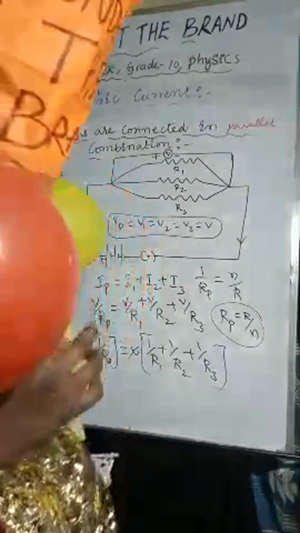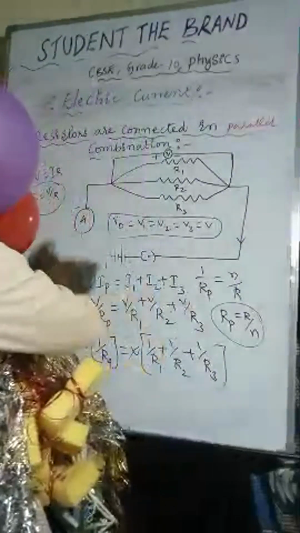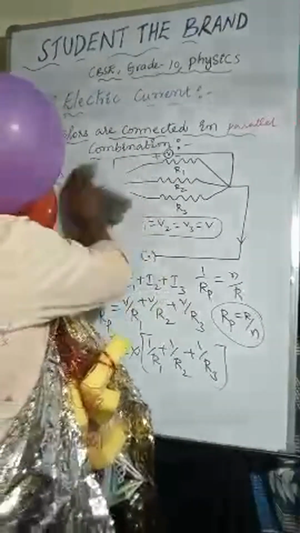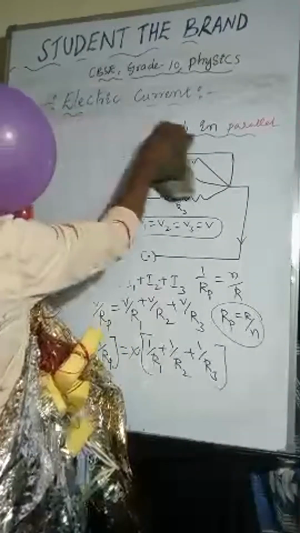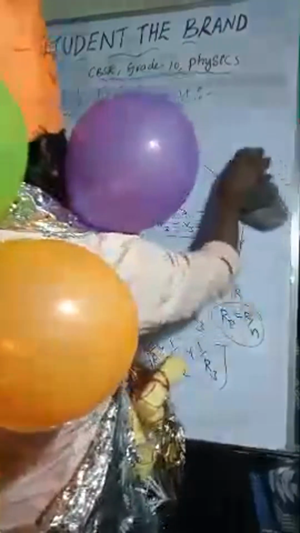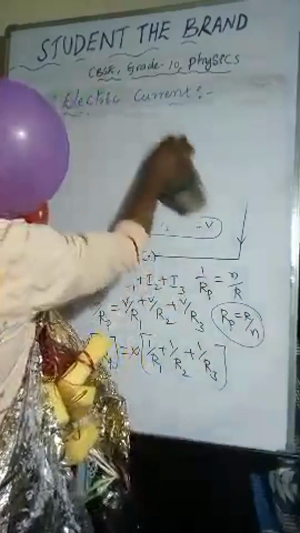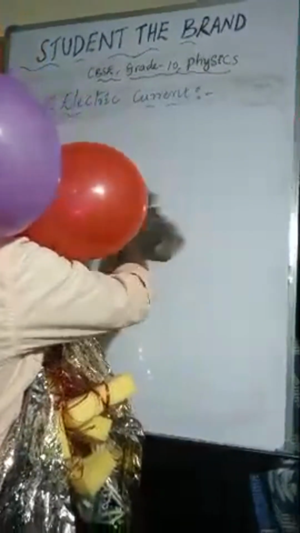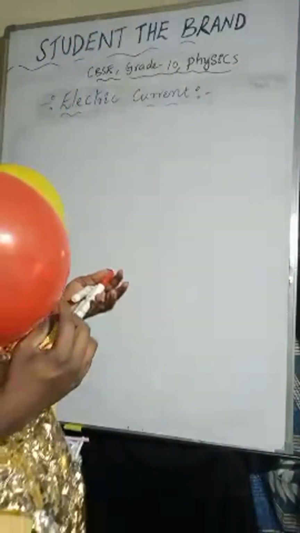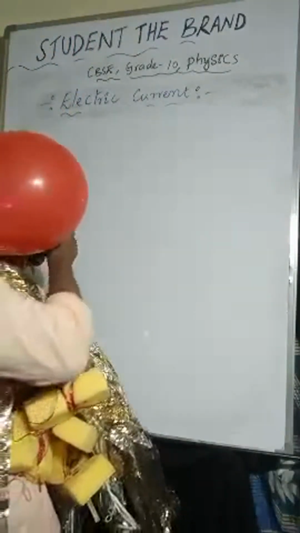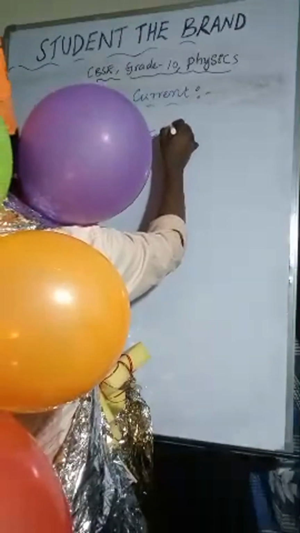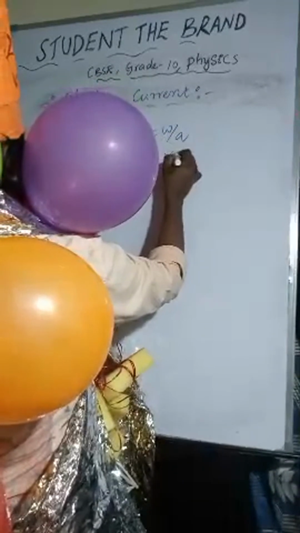Heating effect of electric current. V equal to W by Q, W equal to VQ.